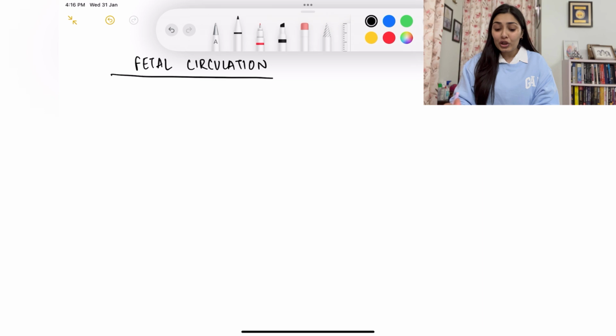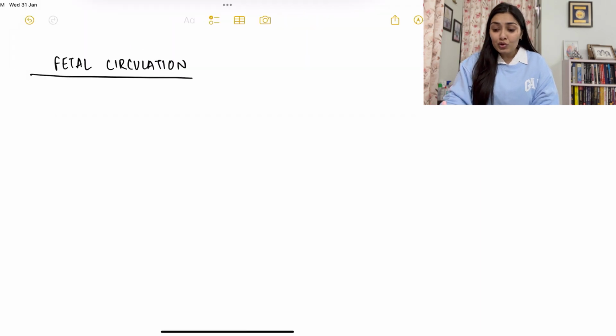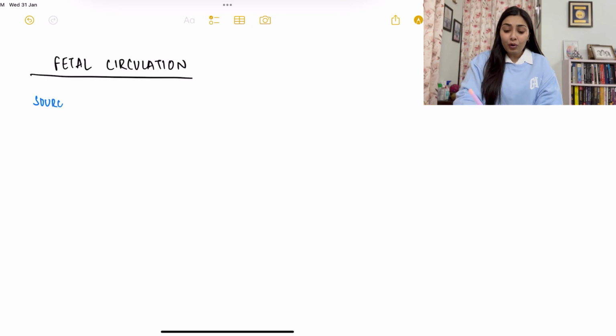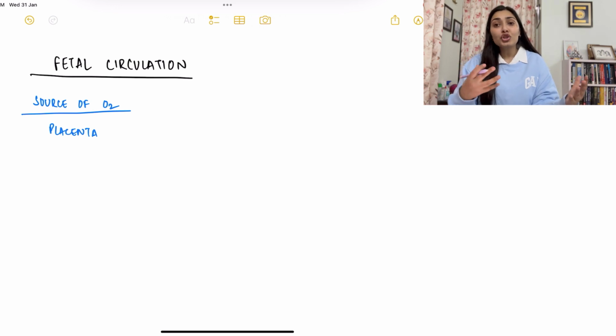Firstly, fetal circulation begins with the source of oxygen in the fetus, that is the placenta. Through this placenta, the oxygenated blood is carried through a vein. Remember, not an artery but a vein, that is the umbilical vein.